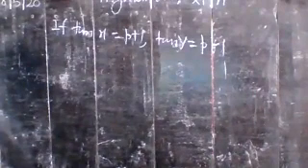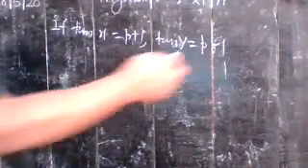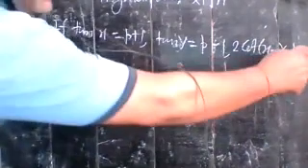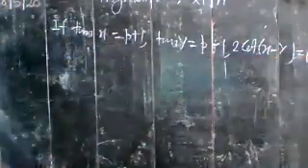If tan x is equal to p plus 1, and tan y is equal to p minus 1, then 2 cot of x minus y is equal to p square.